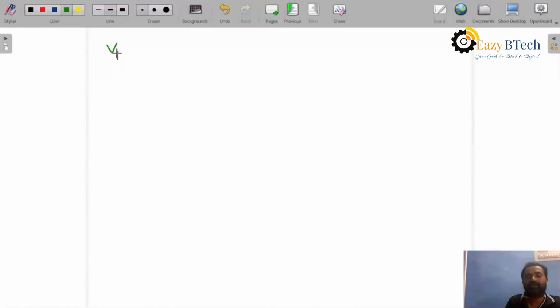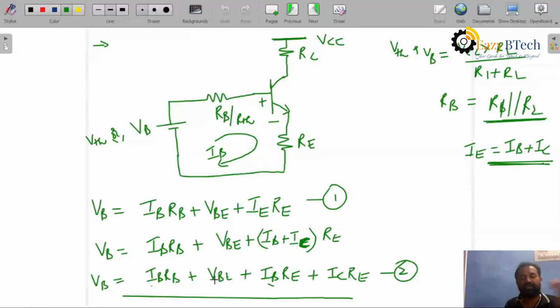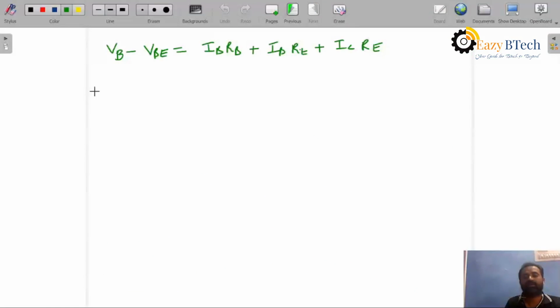We get VB minus VBE equals IB RB plus IB RE plus IC RE. Bringing the IC term to this side, VB minus VBE minus IC RE equals IB into RB plus RE.